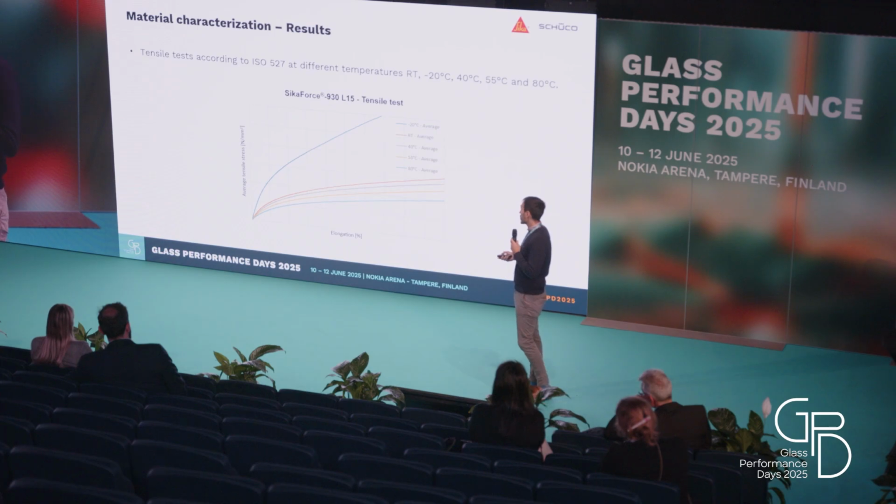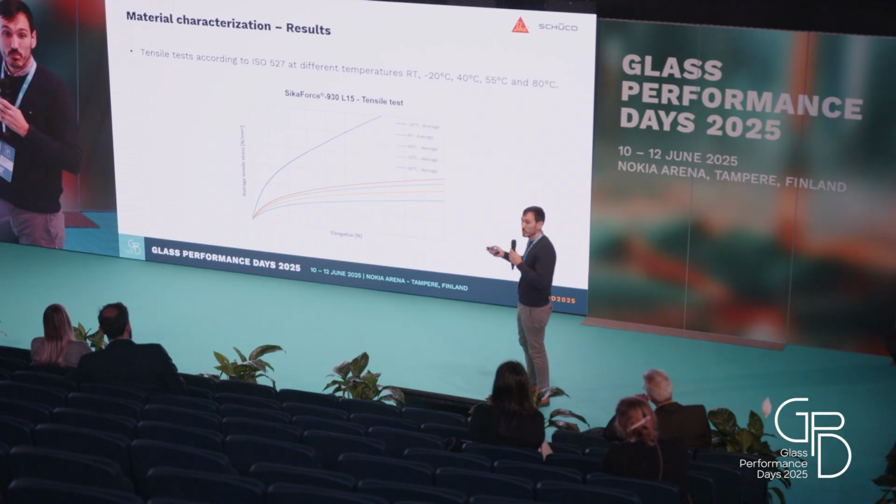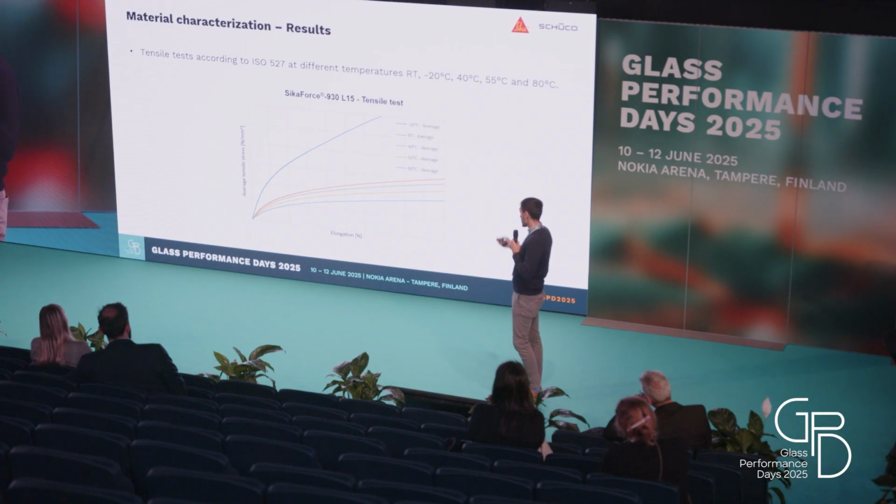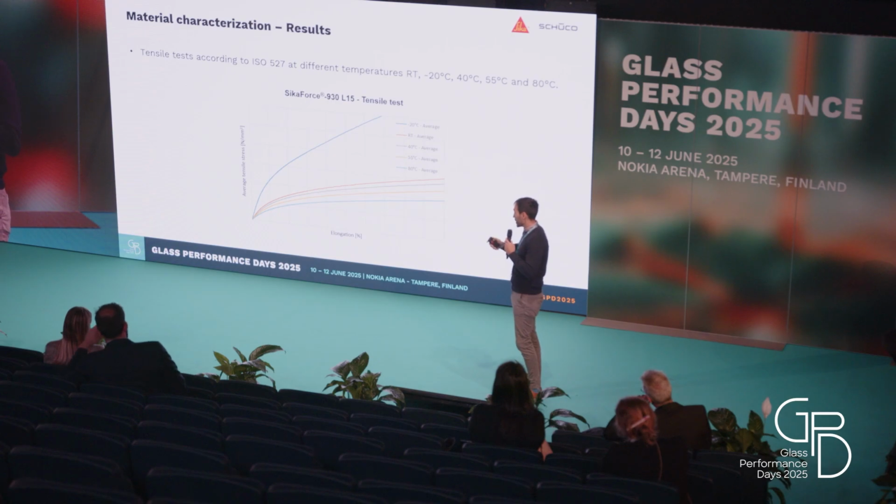Then here I show the results of the tensile test, the dog bone or dumbbell specimens. At -20 it is more rigid, but that is what we expect basically. The stiffness decreases, but again the good point is that we are really between the limits of the system, so it's performing as it should.